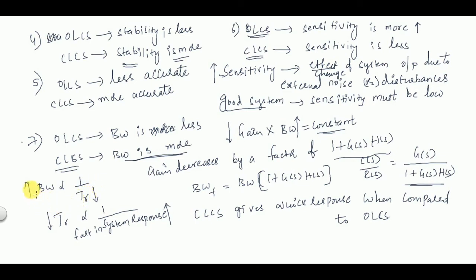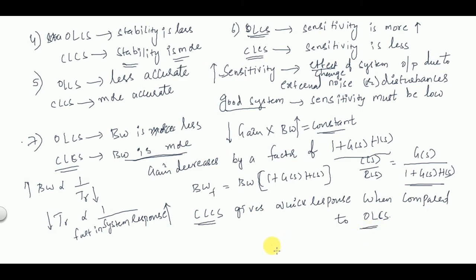So if bandwidth increases, rise time decreases, and we can get the output in a lesser amount of time. That is, there is fastness in the response. There is a fast response available at the output of closed loop control system. That is why closed loop control system gives quick response when compared to open loop control system.